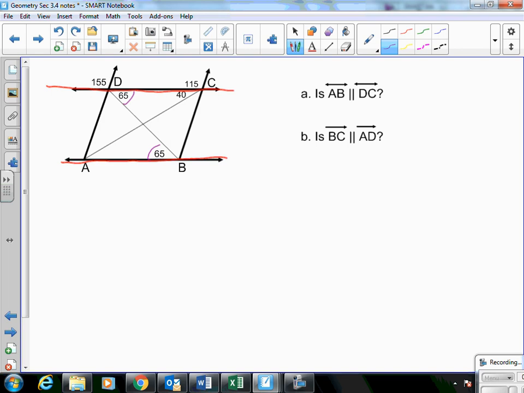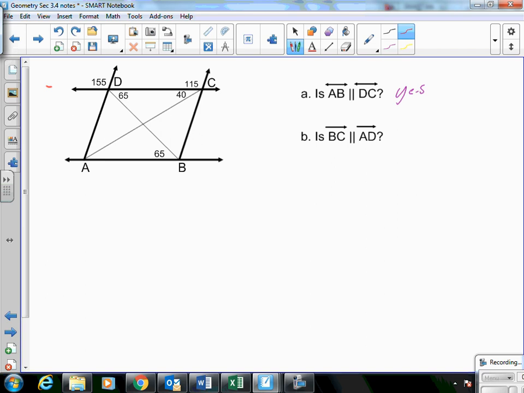What kind of angles are those, since they're on different sides of the transversal in between the two lines? That makes them alternate interior angles. And if the alternate interior angles are congruent, which they are, both 65, then the lines have to be parallel by the alternate interior angles converse theorem. So AB parallel to DC, that's a yes, because the alternate interior angles were congruent, those 65-degree angles.